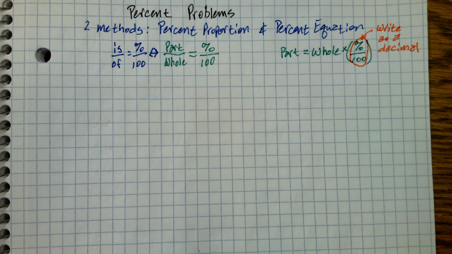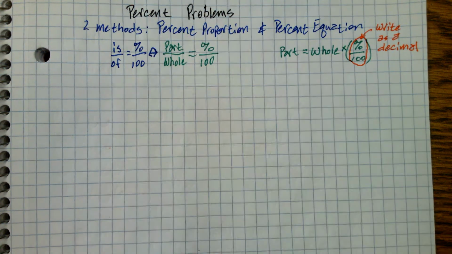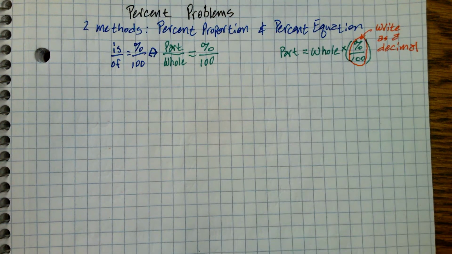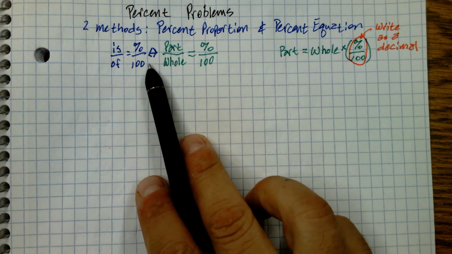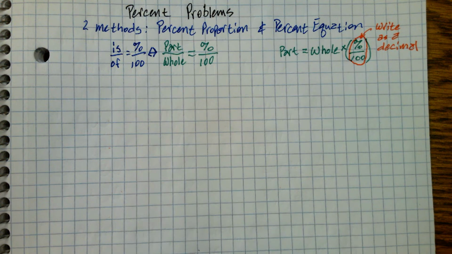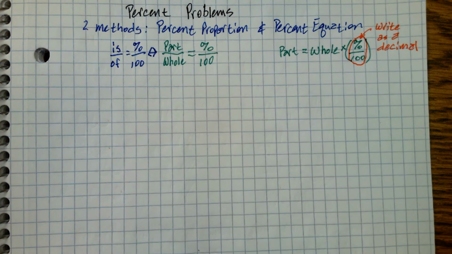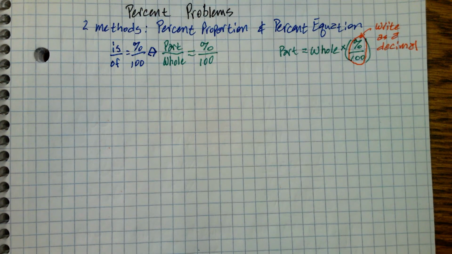So "is over of" equals percent over 100 is the same as part over whole equals percent over 100. Okay. So we're going to solve the problem two different ways: percent proportion way, percent equation way. Then you choose which one you like. Didn't do a great job on that arrow. All right.